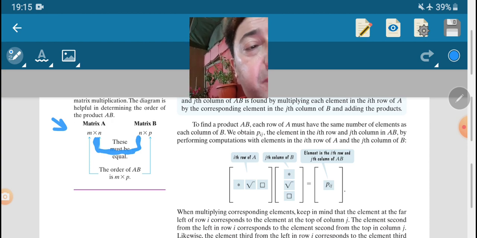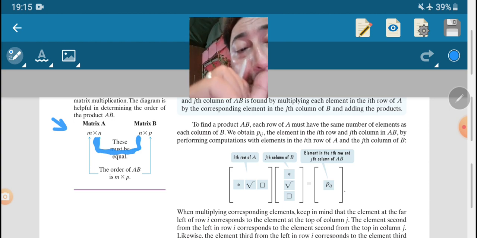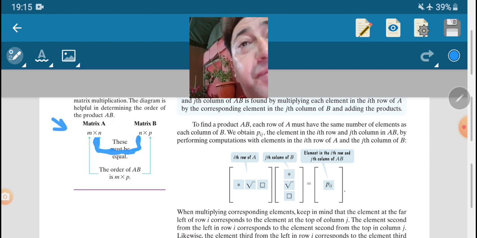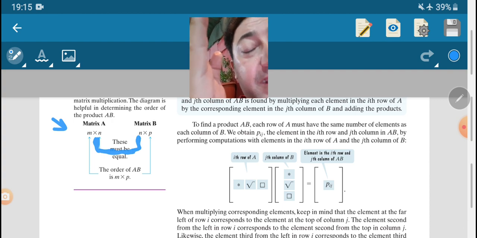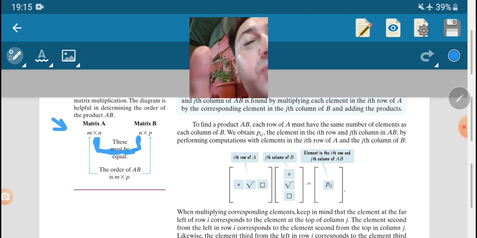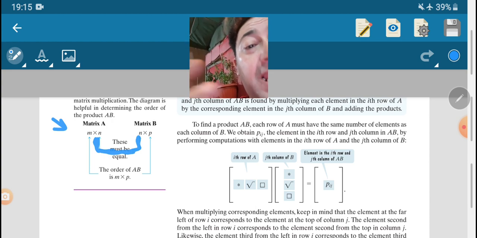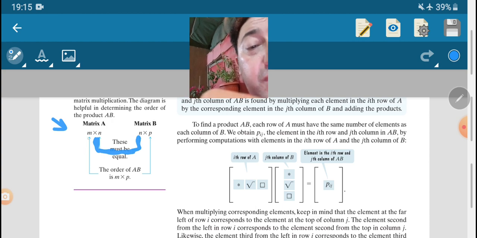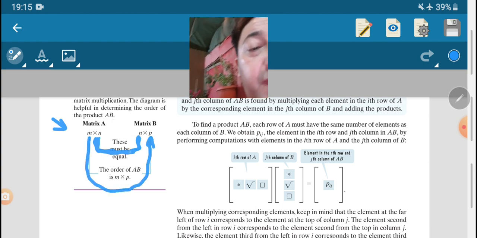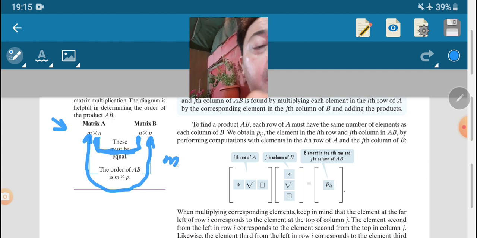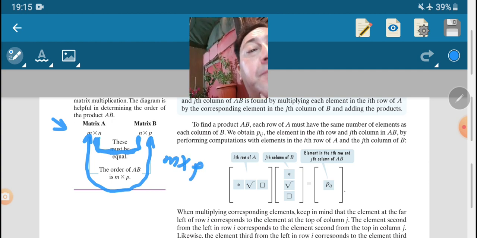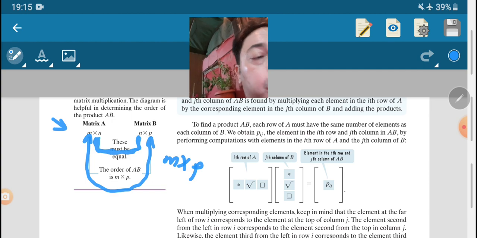The main criterion to multiply two matrices is that the first matrix number of columns must equal the second matrix number of rows. And we can imagine that the resultant becomes m rows and p columns. Let's see how and why.